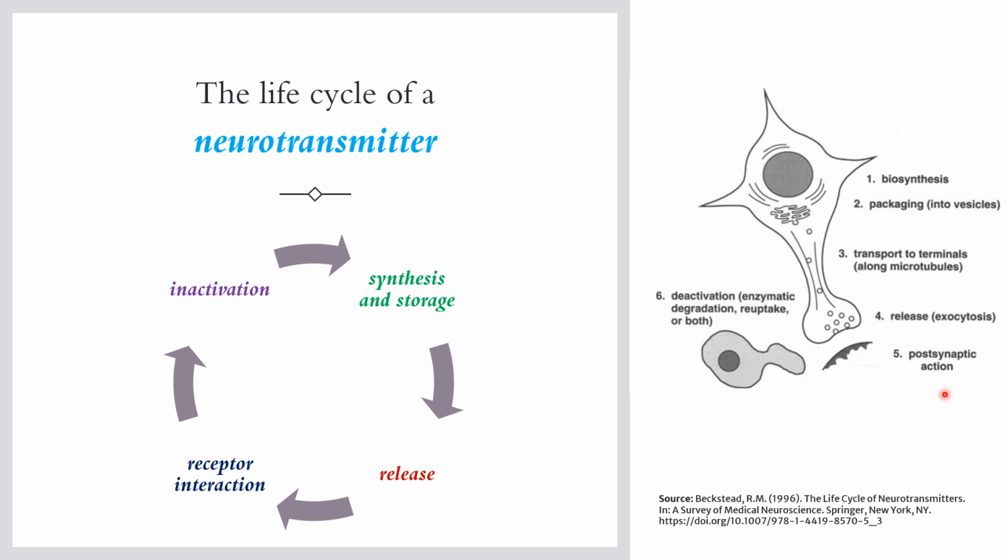Those mechanisms involve enzymes that will break down those neurotransmitters. So that's basically, in a few words, the life cycle of the neurotransmitter.